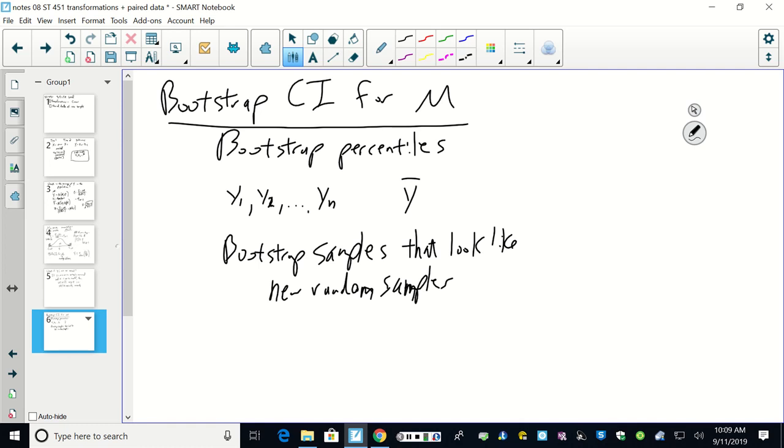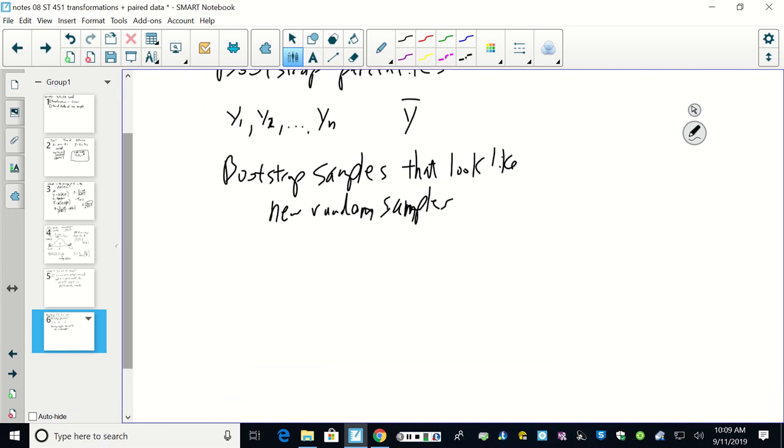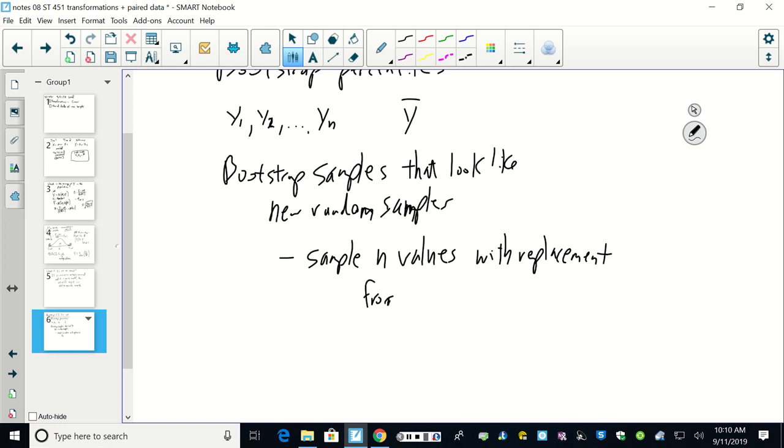So one way of doing this: a bootstrap sample is where we sample n values, because our data set has n values, with replacement from our original data.